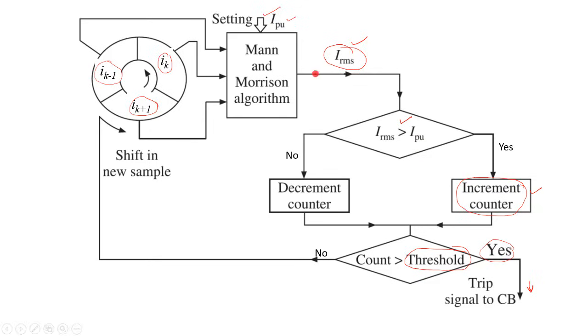This cycle will continue till the count becomes greater than the threshold. When it becomes greater than the threshold, it gives the trip signal to the circuit breaker. So this is how the Mann and Morrison algorithm is used for an overcurrent relay.